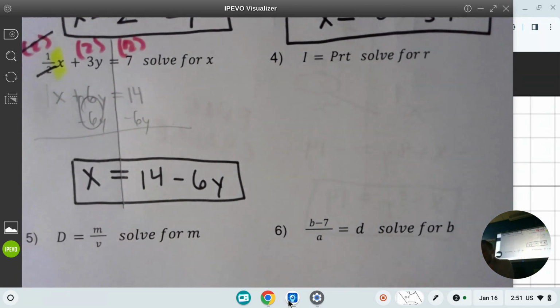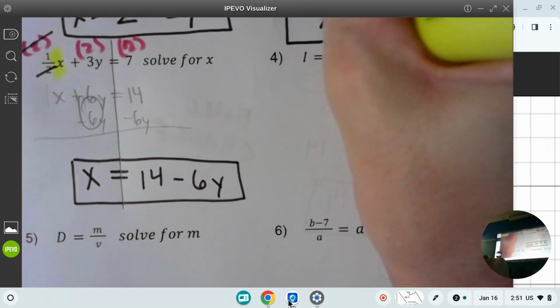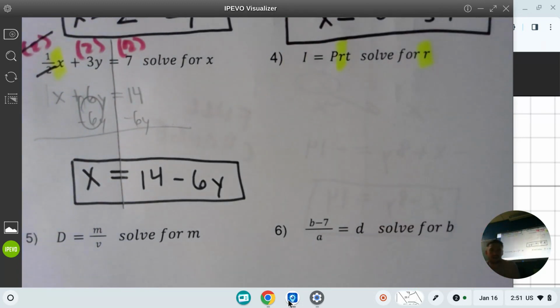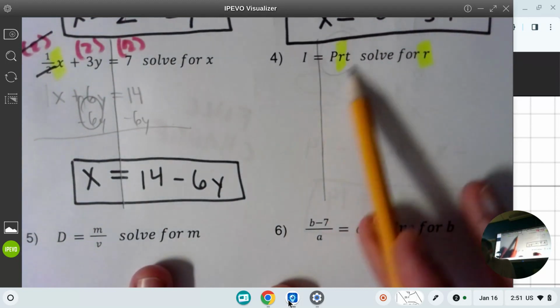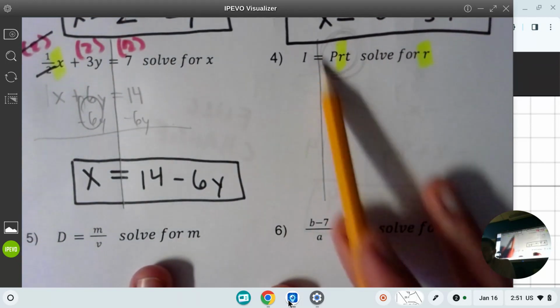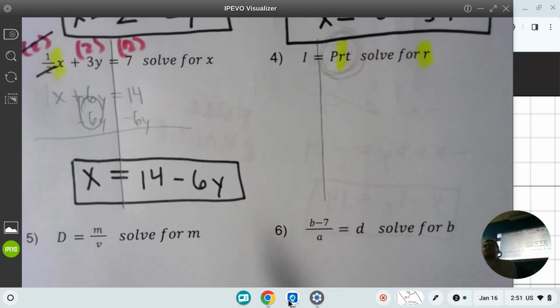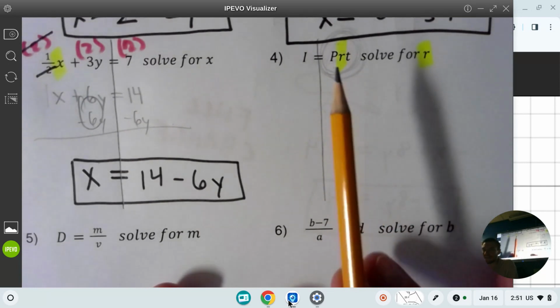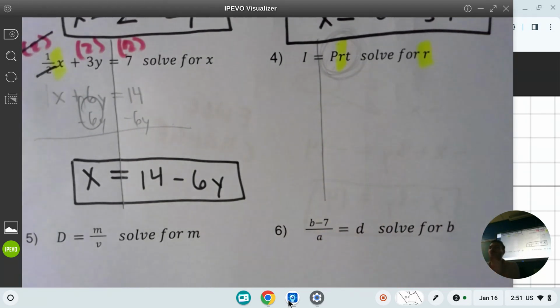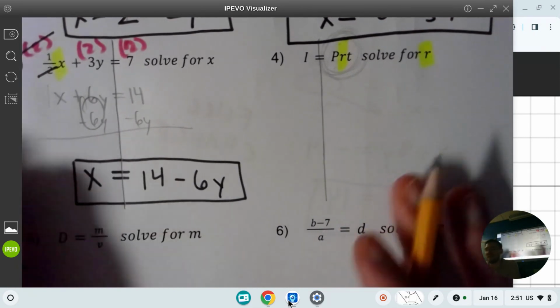This one says that we're trying to get the letter R by itself. The letter R is the middle letter there. The other thing that's a little bit weird about this is that the letter R is on the wrong side. It would be kind of weird to move the R, because what we typically want to do is leave that letter alone and move everything else, right?